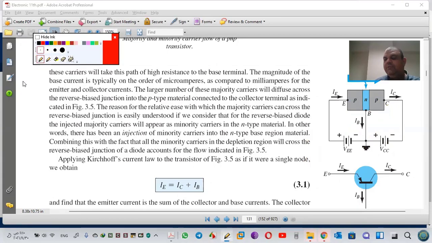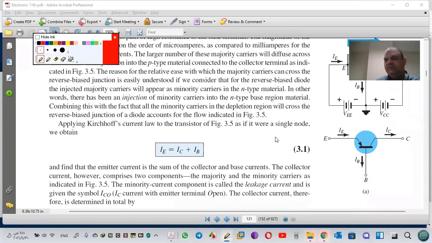Third thing about the symbol, this transistor symbol. See this one, this is the symbol for the transistor.